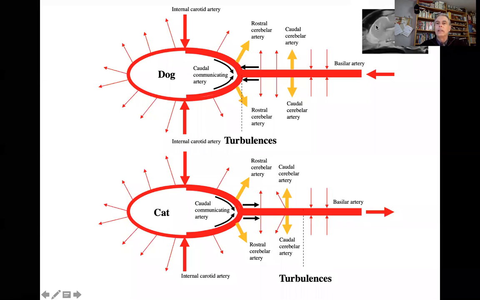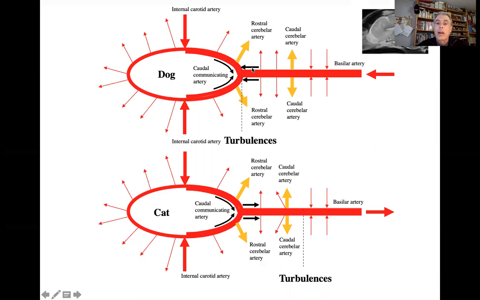So this makes us a point: why are dogs more prone to suffer vascular lesions affecting the rostral cerebellar artery? And there is a theory. Here is a diagram of the circulus arteriosus cerebri and the basilar artery. In the case of the dog, the circulus arteriosus cerebri receives blood from the internal carotid arteries and the basilar artery.